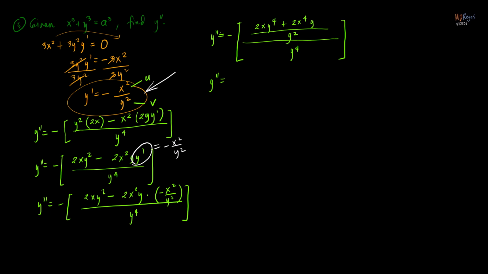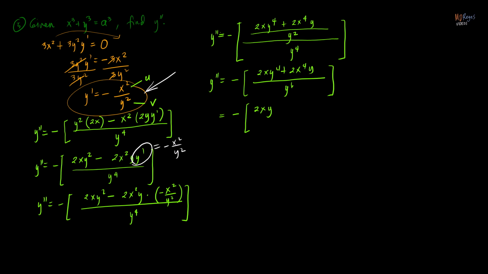And we'll have y double prime equals the negative of 2xy to the fourth plus 2x to the fourth y over y to the sixth. Now there's a common factor between the two terms in the numerator, and that is 2xy.